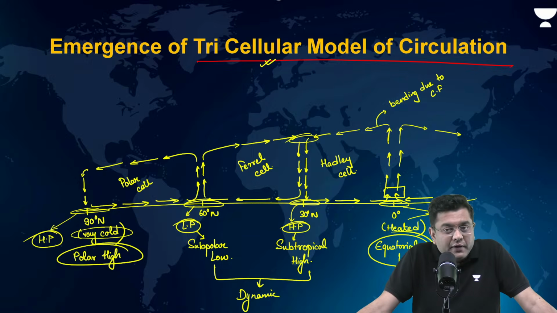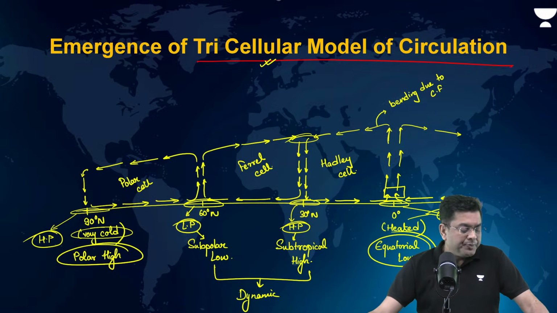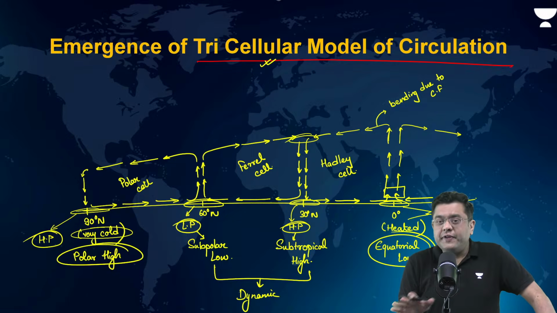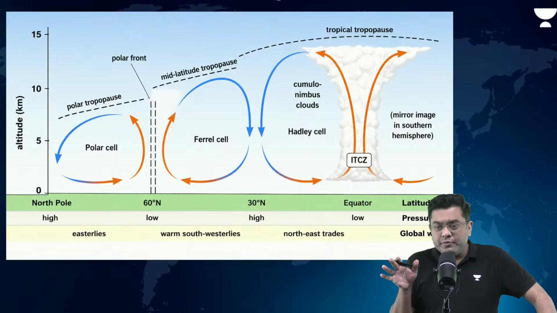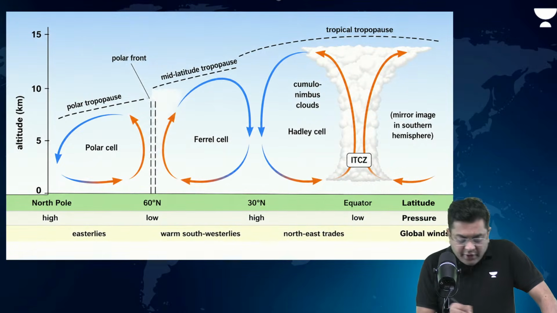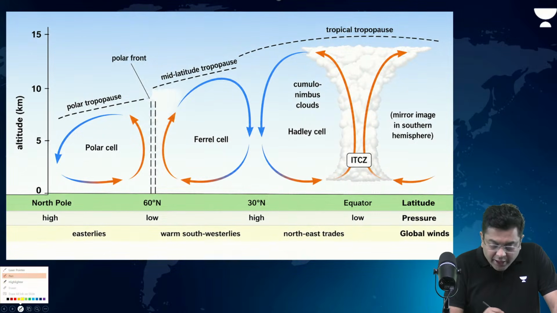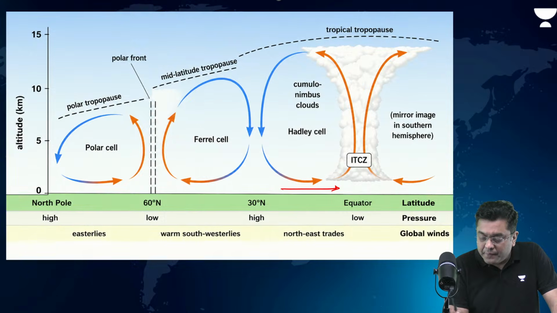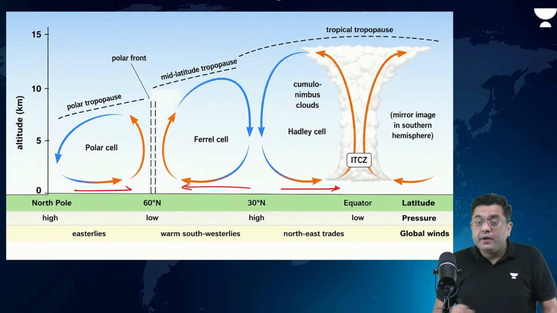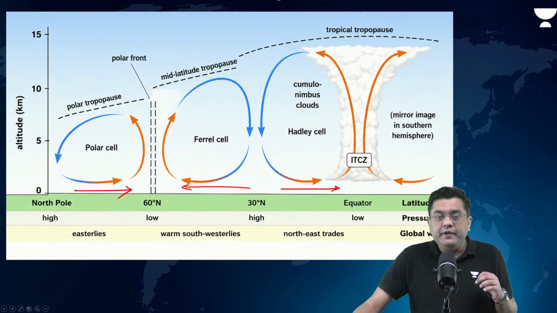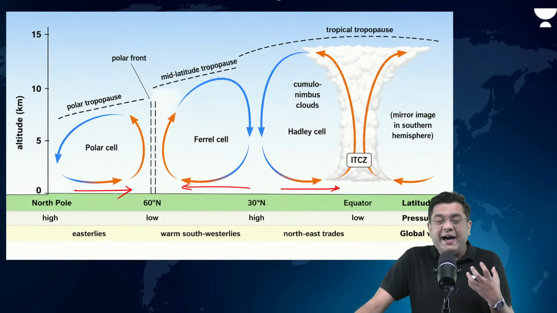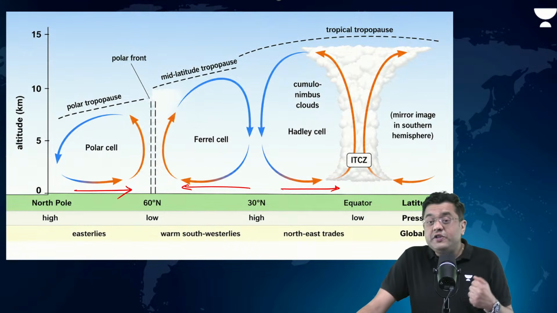You have two cells which are driven by thermal pressure, Hadley and Polar. Okay? Now, on the surface, you will observe the wind movement to be occurring. This wind movement is what are known as permanent winds. So, how do we have this wind movement which is experienced on the surface?